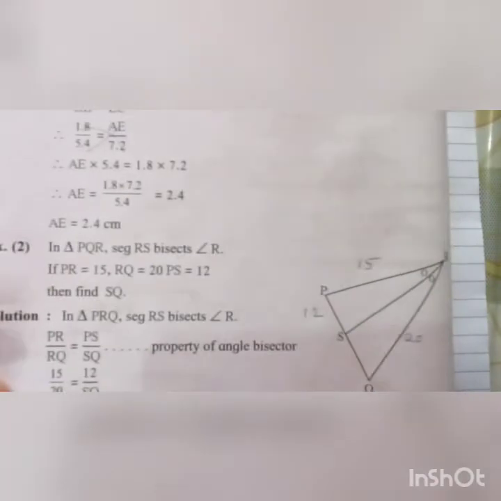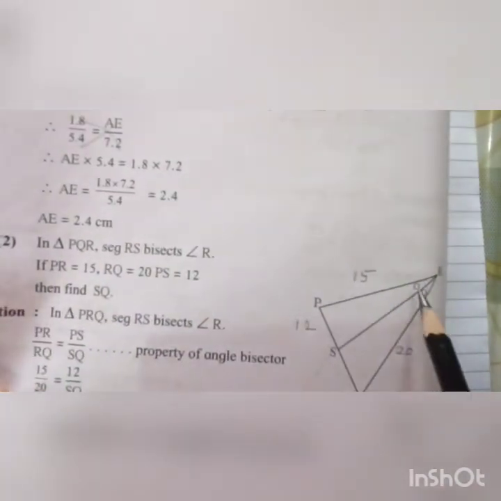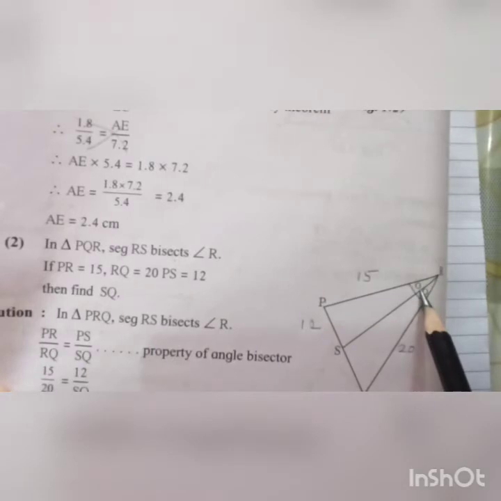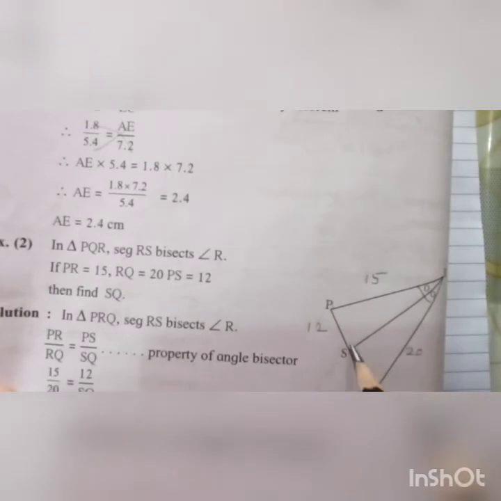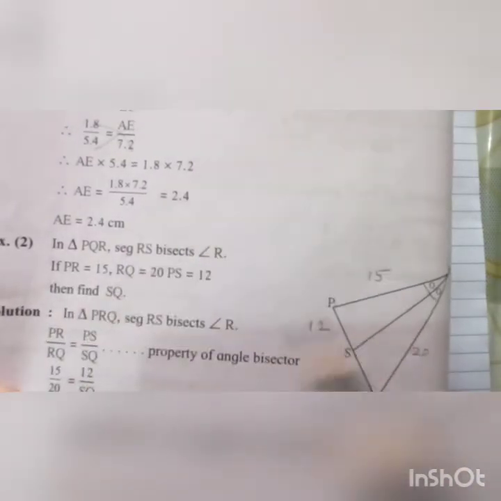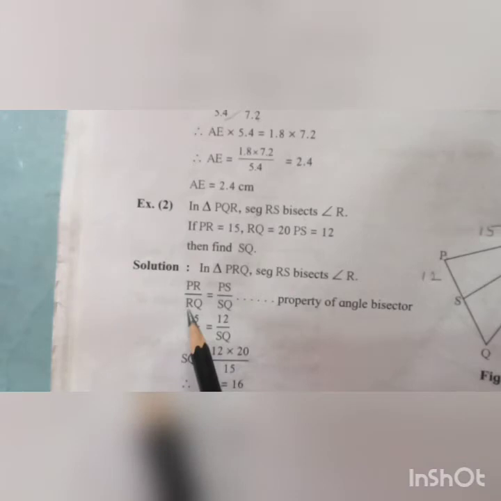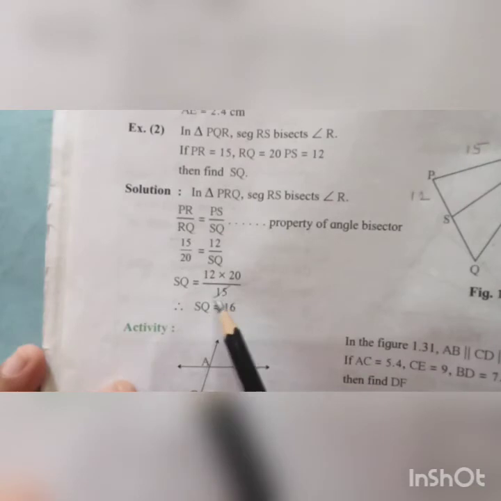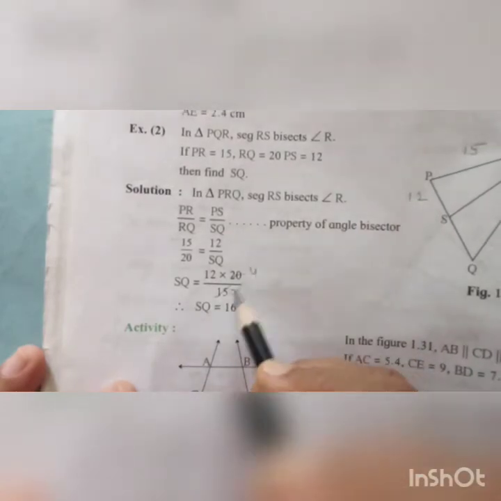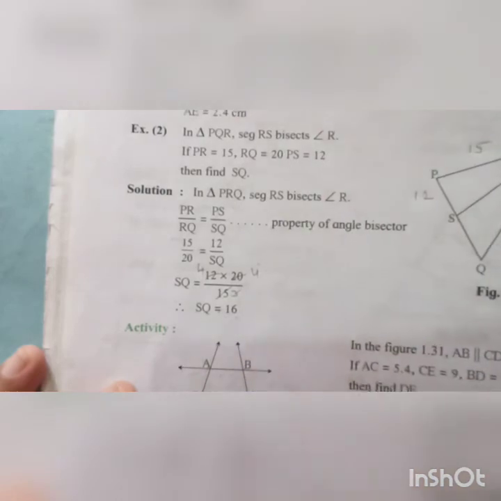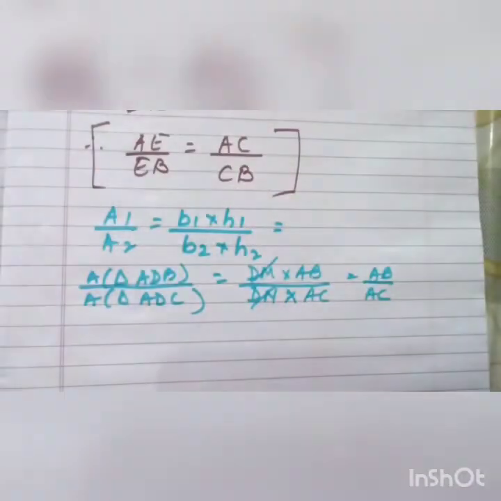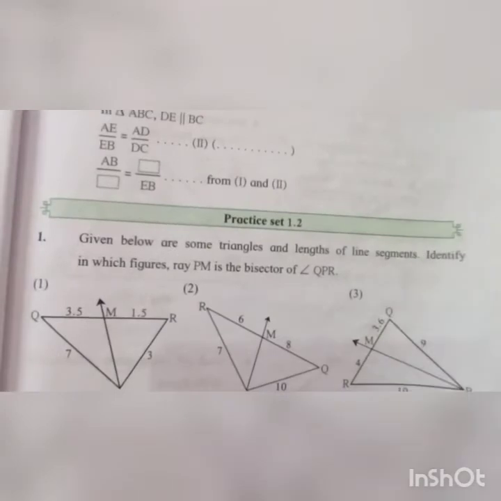Then according to the property of angle bisector, this is the angle, so keep your pencil on the angle and see the side opposite to it. That is PS upon SQ is equal to PR upon RQ, the other two sides. By substitution and by cancellation, 5 3s are 15, 5 4s are 20, 3 4s are 12 and 4 4s are 16, so SQ is 16.